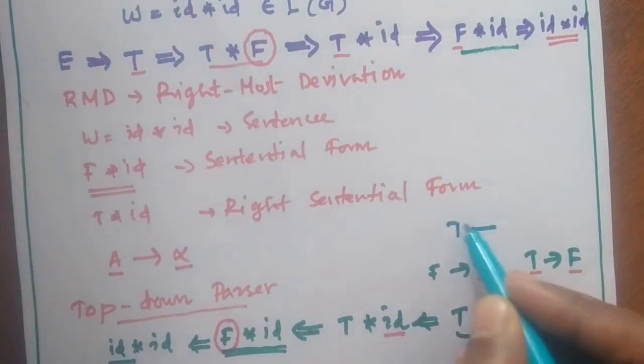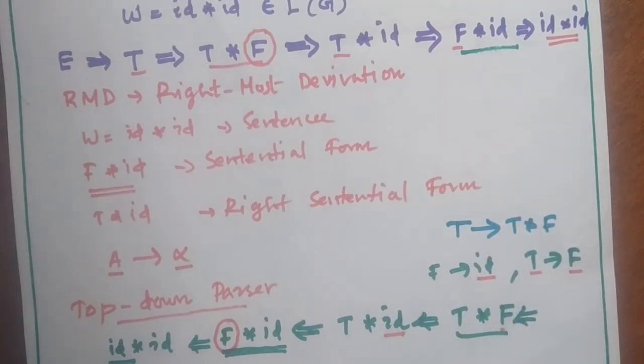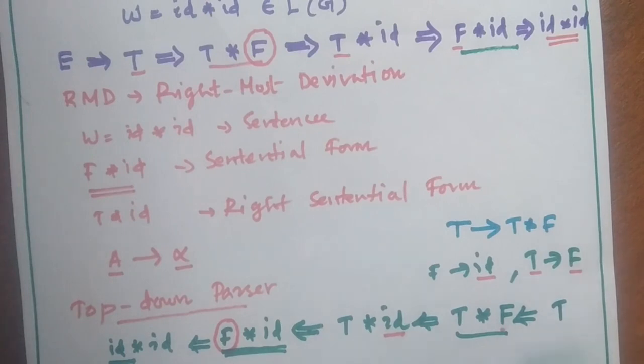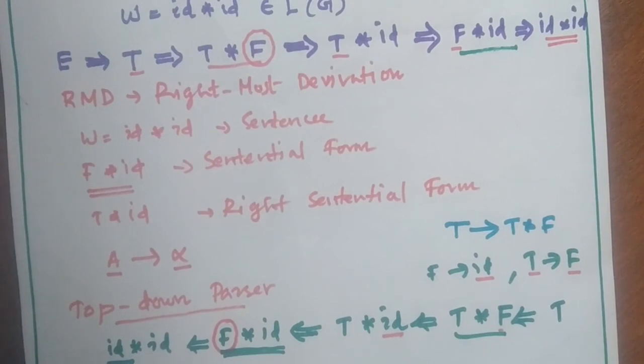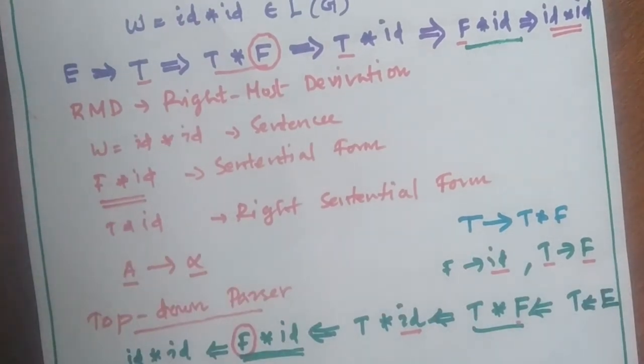The production is T gives T star F. So a top-down parser replaces this substring, which is the body of a production, by the head of the production, so T. Then finally T is the body of another production, E gives T. Then this T is replaced by E. So then you will get the just previous right sentential form, this one.